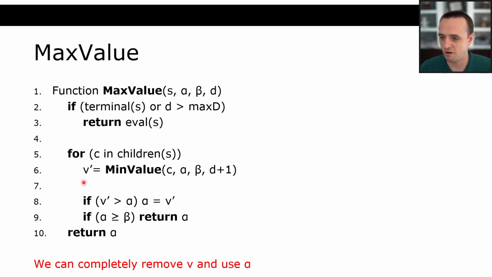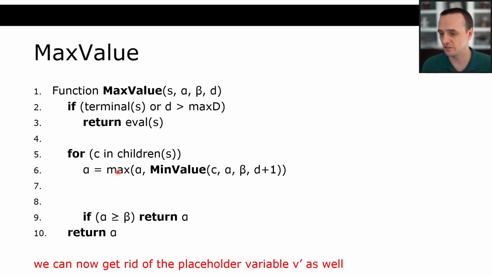I'm using V prime as a temporary variable to store this min value, right? And then I'm just storing this here and then using it down here. But instead of storing a value and then comparing it, well, I could just compare its value directly by calling a min function, right? So instead of saying greater than, I could just use the max function.